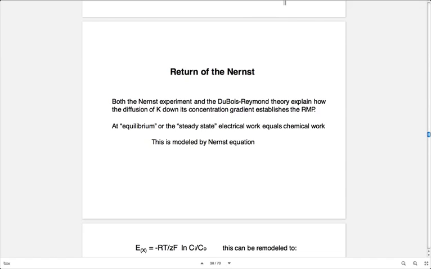Where is there a lot of potassium? Inside the cell. And where's your negative charge? Inside the cell. So what's that going to do to movement of potassium? Slow it down, yeah, because the potassium likes that negative charge. I don't want to leave. I'm going to stay with this negative charge.